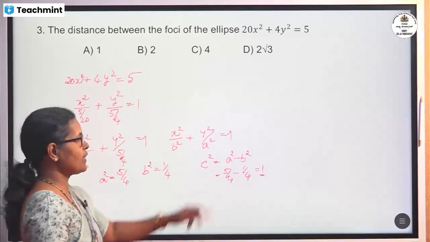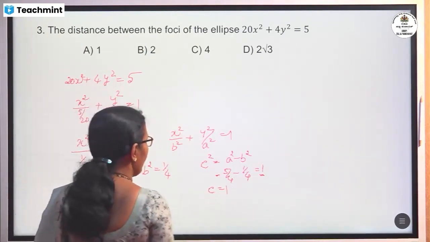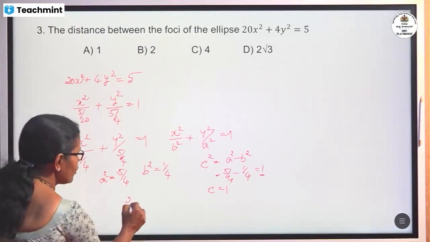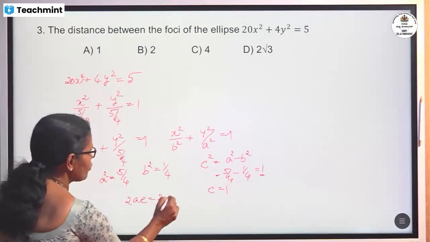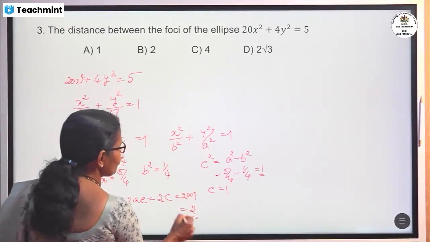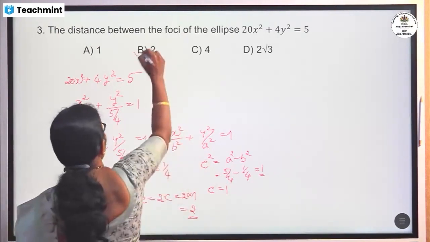So C square is equal to 1, therefore C is equal to 1. Now, the distance between the foci, 2AE or 2C, is equal to 2 into 1 equals 2. Therefore, 2 is the correct answer, option B.